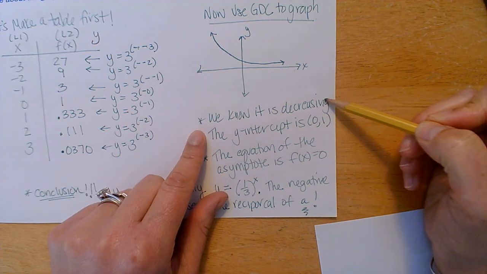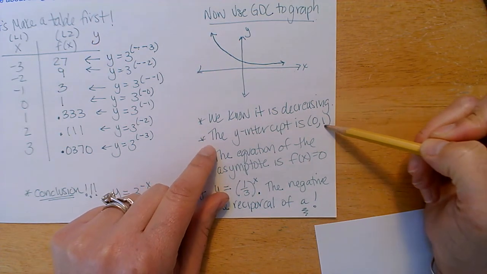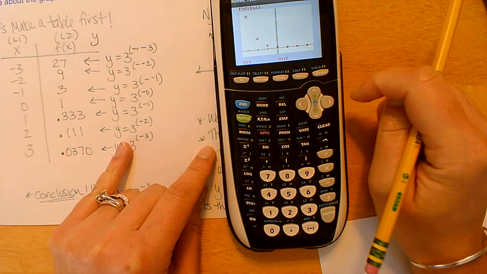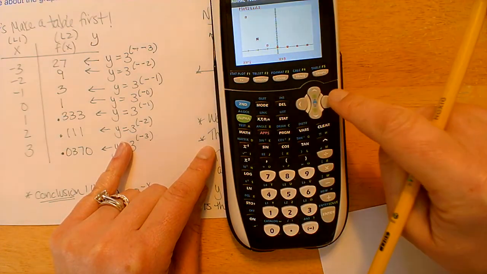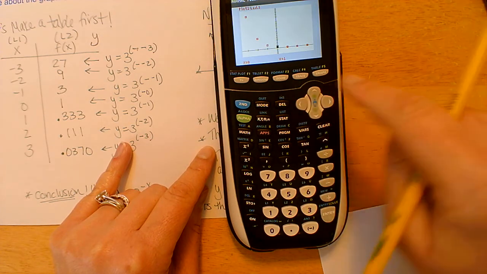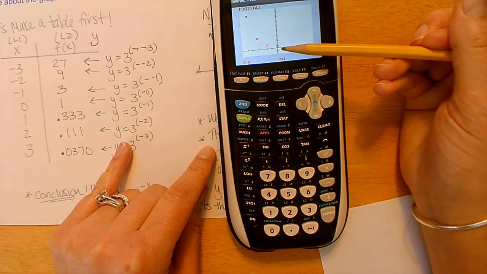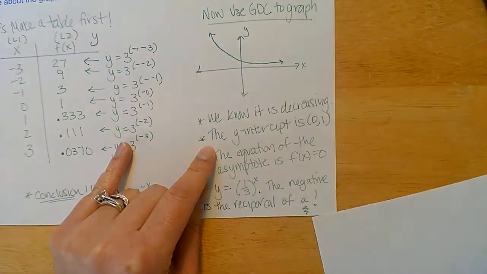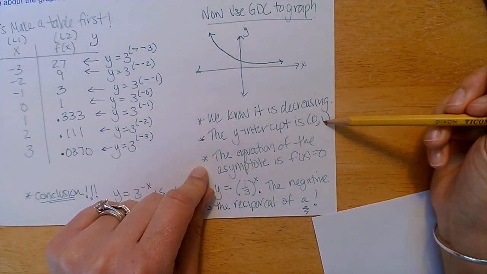We know it's decreasing. I actually looked to see on the calculator, if you press the word trace here, you can get a little blinking dot, and you can use your right arrow key and your left arrow key to go back and forth. I found right here, look at this, (0, 1).